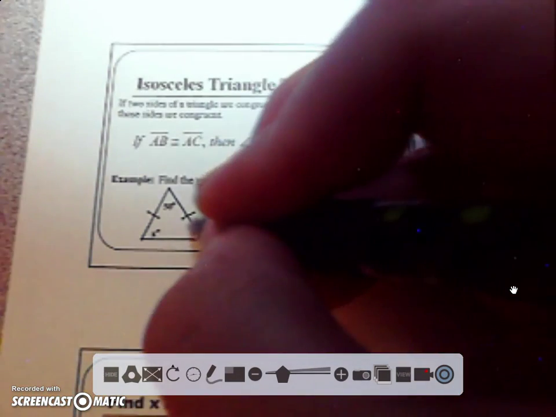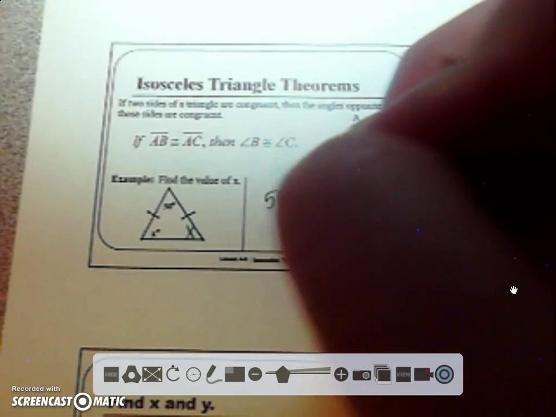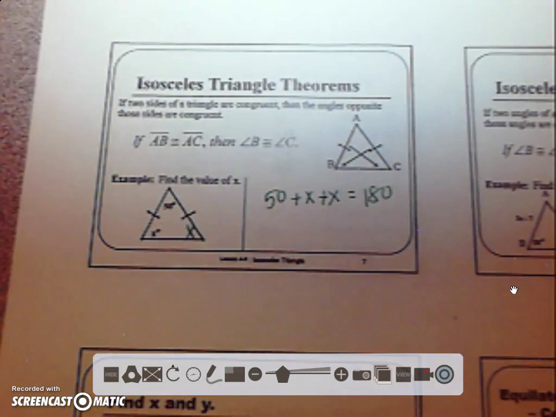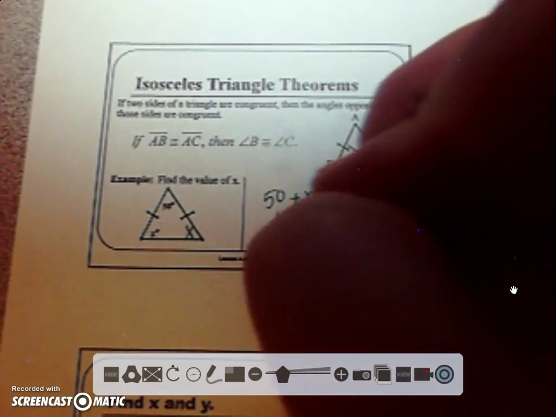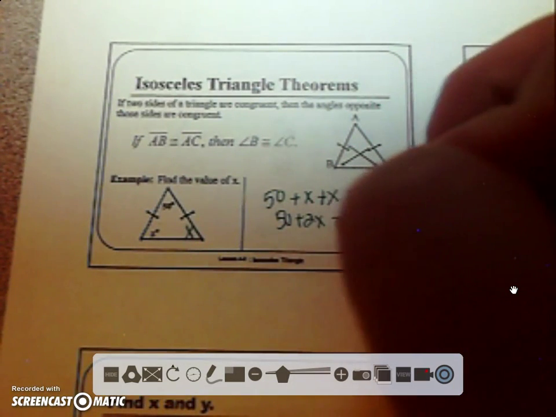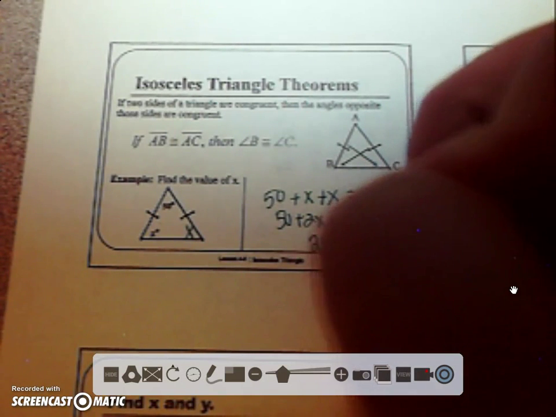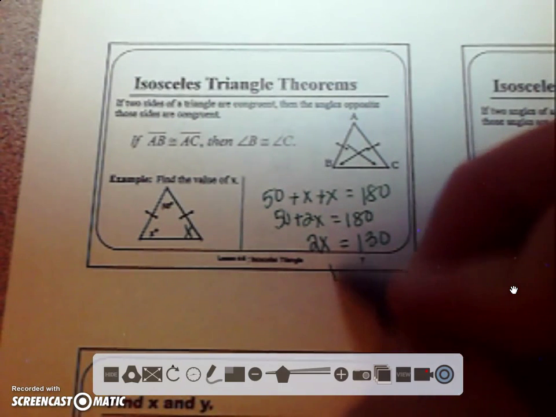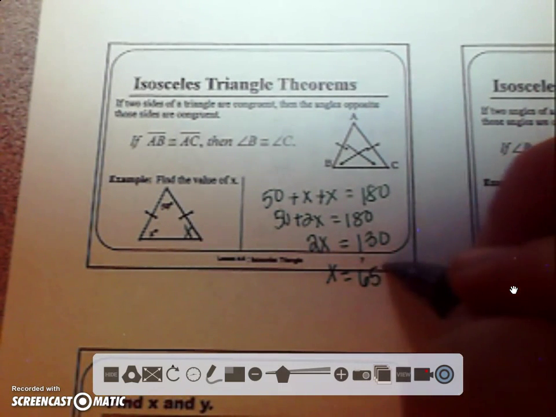So this one is x, that means this one is also x. So 50 plus x plus x is equal to 180, and then we can solve. 50 plus 2x equals 180, 2x equals 130, and divide, so x is going to be equal to 65 degrees.